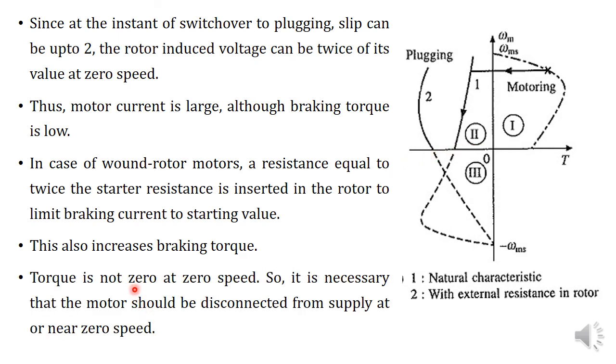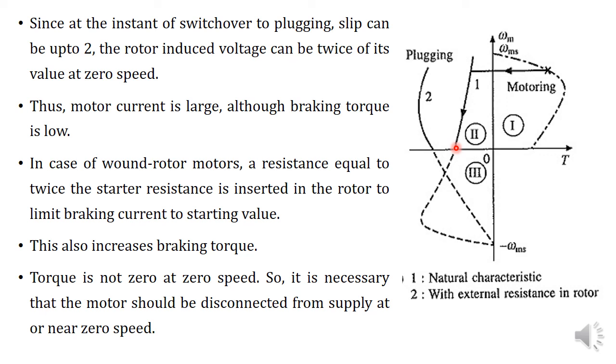The torque is not 0 at 0 speed. You can see in both cases, when the speed becomes 0, the torque is not equal to 0. There is a definite value of torque here, and here also. That means even though the machine has reached 0 speed, having initially run in the forward direction and gradually reduced its speed, it doesn't mean that it will stop.